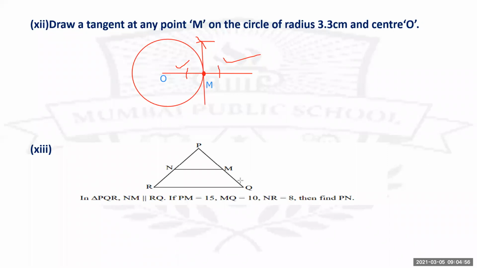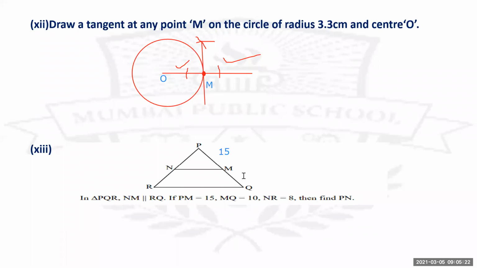The next question: in triangle PQR, NM is parallel to RQ. If PM equals 15, MQ equals 10, and NR equals 8, you have to find PN. Which property are you going to apply for this? Come on, students, tell me.